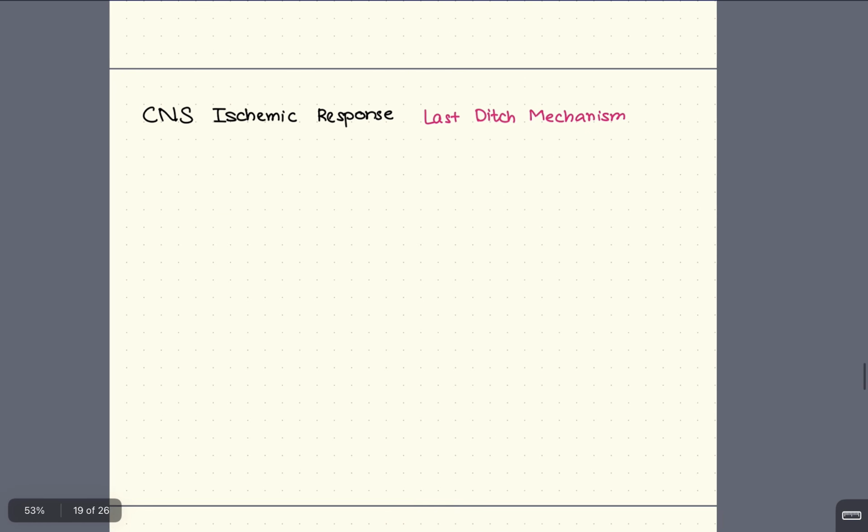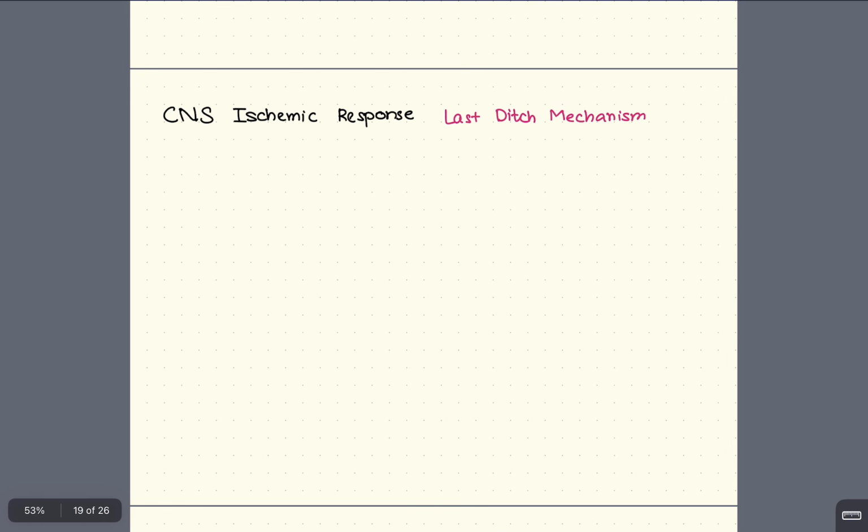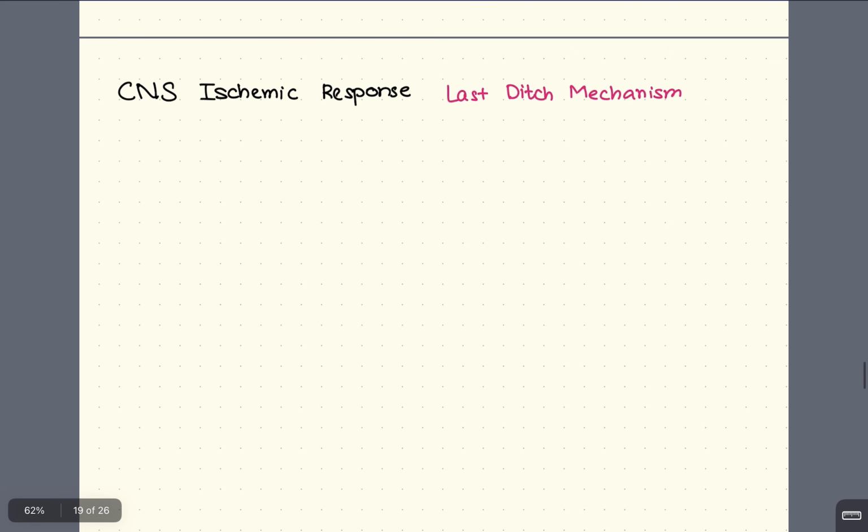So what is the CNS ischemic response? It is also called the last ditch mechanism. There is a decrease in blood volume to the vasomotor center. And what does this cause?